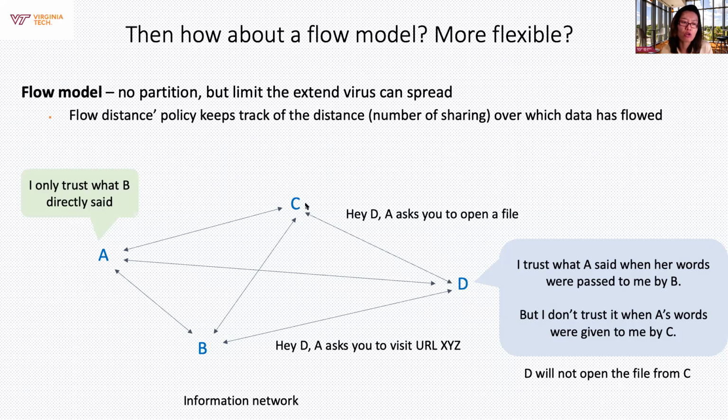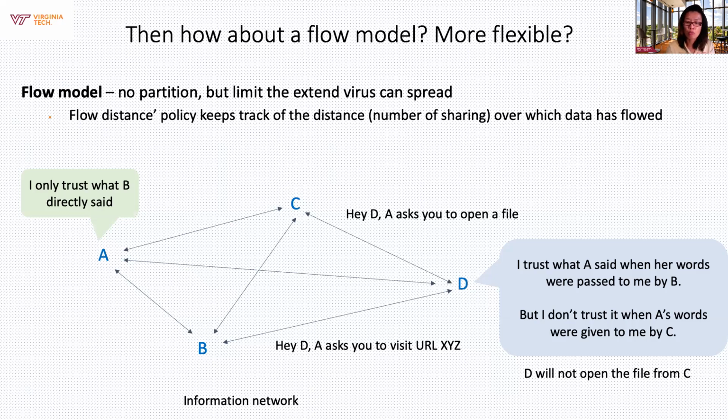And suppose that you have like 4 people, you can send information to each other. And then they have their different policies. A will say, oh, I only trust what B sends me. Okay, if B sends me an email, I feel comfortable opening the attachment. And D would say, I only trust what A says.